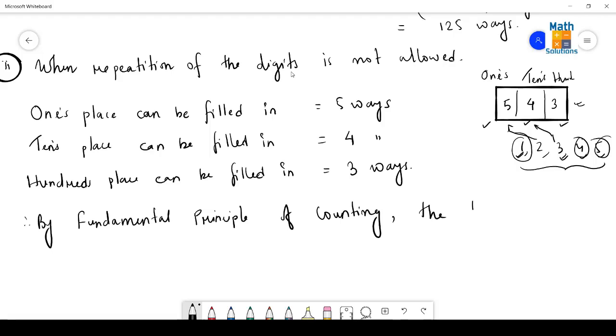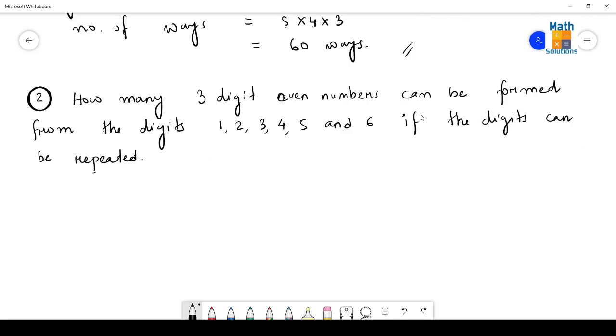The total number of ways is equal to, how do I write? 5 into 4 into 3. The answer will be 5 4s are 20, 20 into 3, it is 60. 60 ways, and that's your answer.